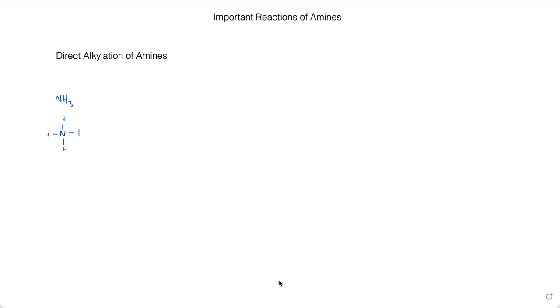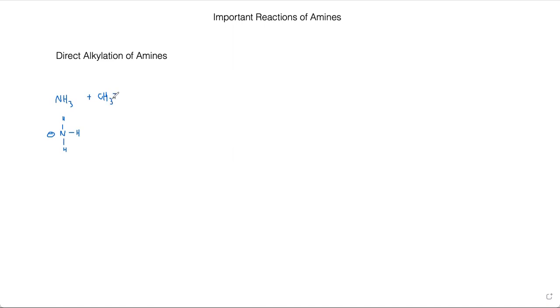Oops, sorry. That would not be ammonia. So there we have ammonia. It's going to have a negative here. And our other reagent is going to be an alkyl halide, because that makes sense in this situation. That's what we would typically use to add an alkyl group to something.